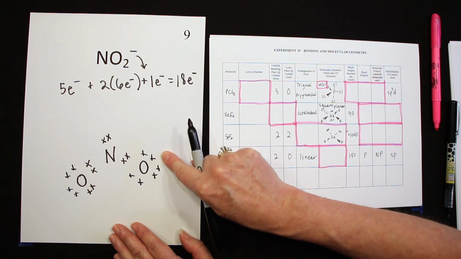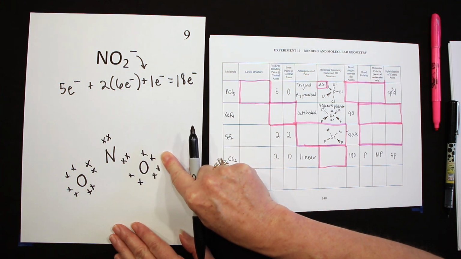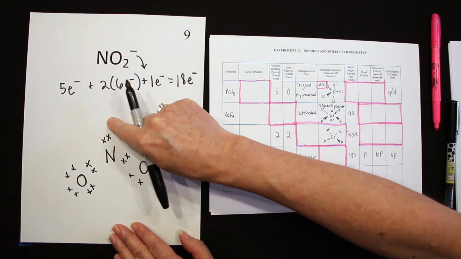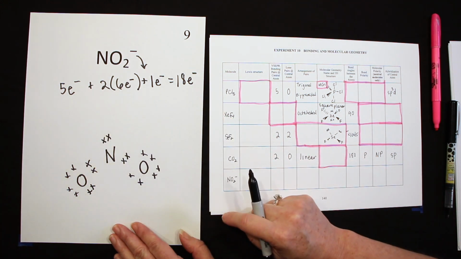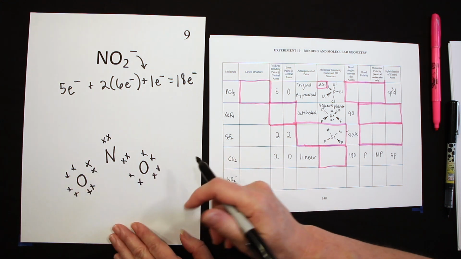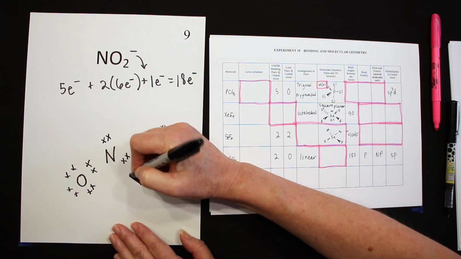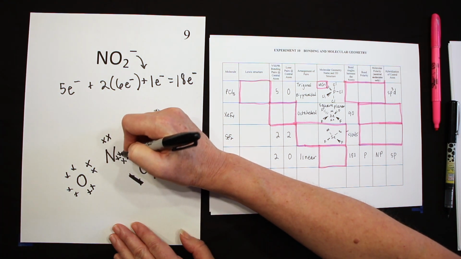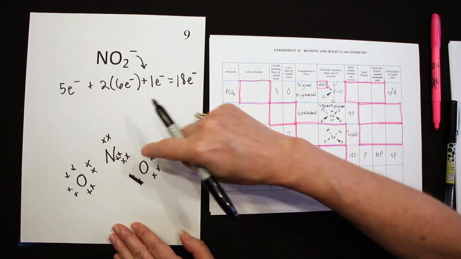This oxygen fulfills the octet rule. This oxygen fulfills the octet rule, but this nitrogen does not, and it must. So it doesn't matter which one you pull from. You're going to take one pair and move it in to the bond with the central atom.